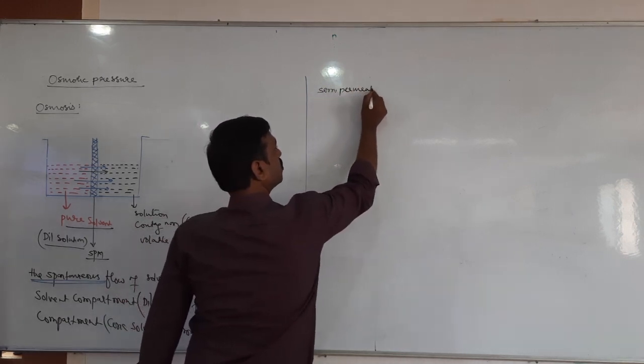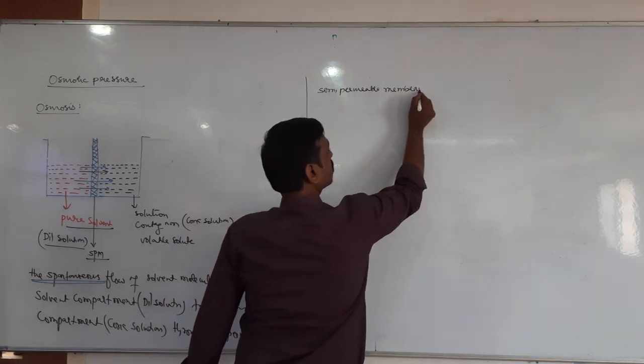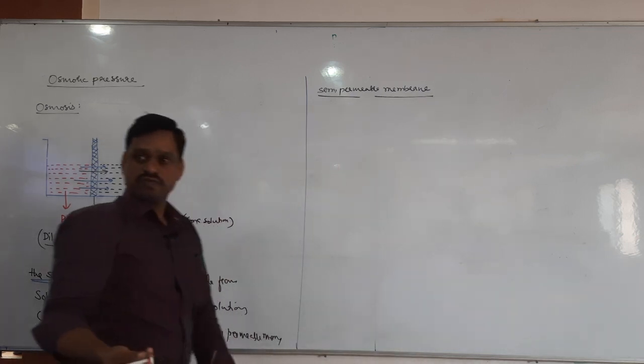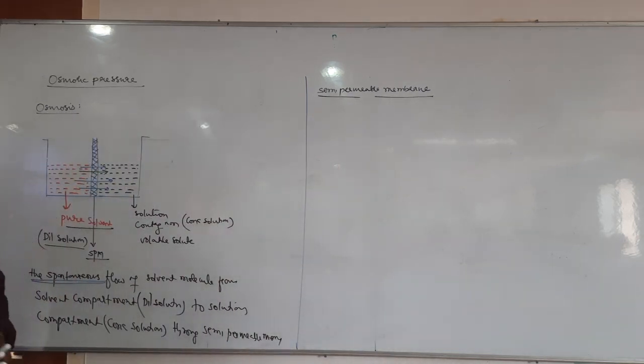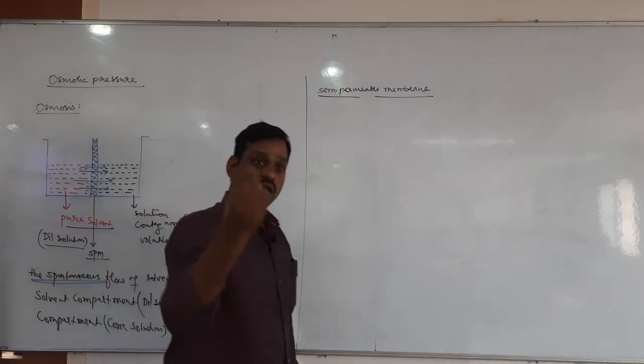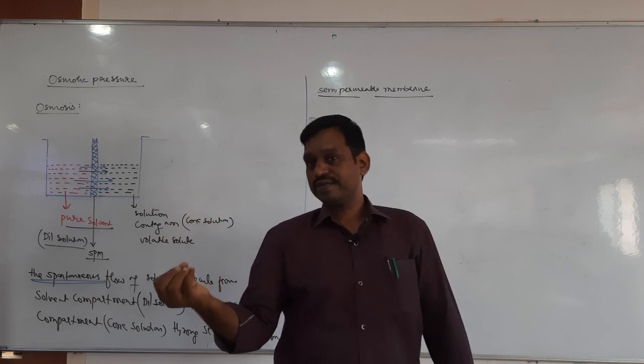Semi-permeable membrane. Semi means half, right? Permeable means which allows. So semi-permeable means it does not allow all the particles, it allows some particles. Which particles? Solvent. So therefore, a semi-permeable membrane is the membrane which allows the flow of only solvent molecules through it.